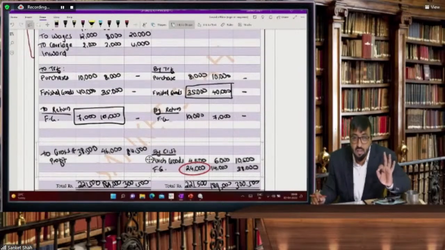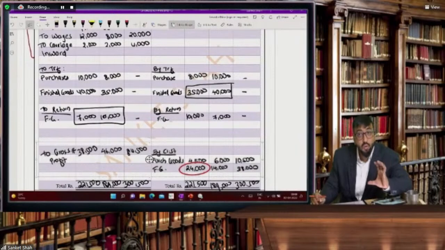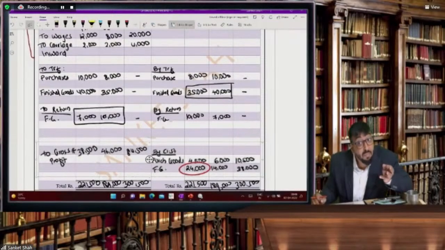देखो एक बार हिंदी में बताता हूं. जो 24,000 का क्लोजिंग स्टॉक बचा है, वो ए का जो क्लोजिंग स्टॉक है उसमें ए को कहां से माल मिला है? खुद का परचेस है, खुद का वेजेस है, खुद का कैरेज है, और कुछ ट्रांसफर हुआ है बी से, परचेसेस एंड फिनिश गुड्स. तो ये 24,000 पूरा बी से नहीं आया. इसमें से बी से आया हुआ पार्ट सिर्फ 20% है.